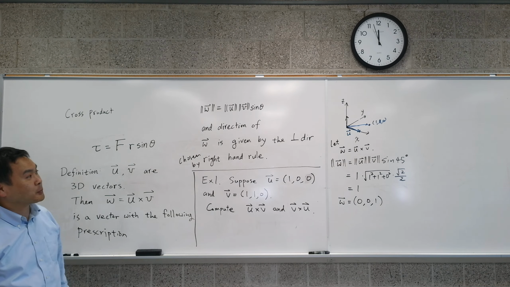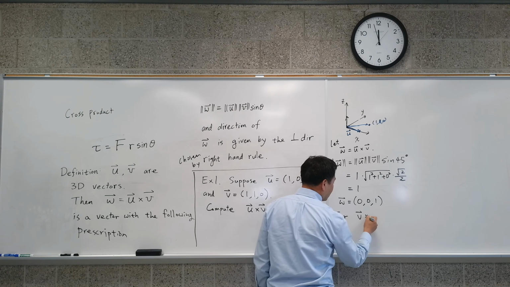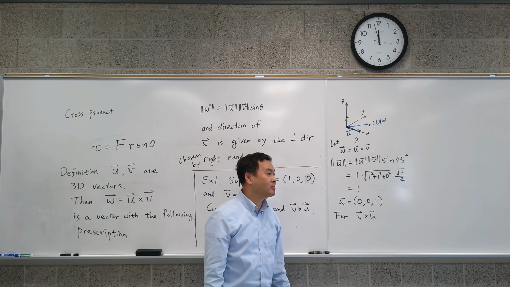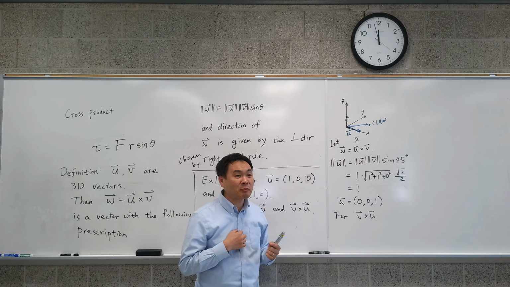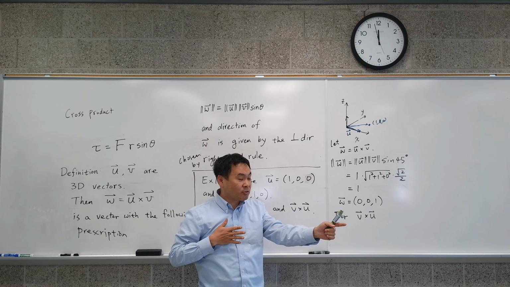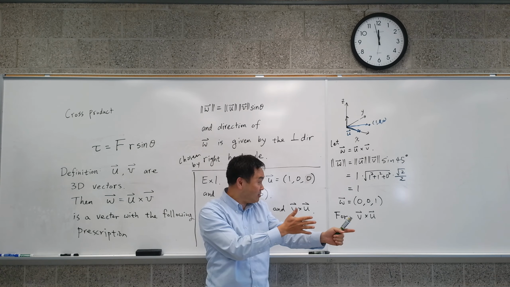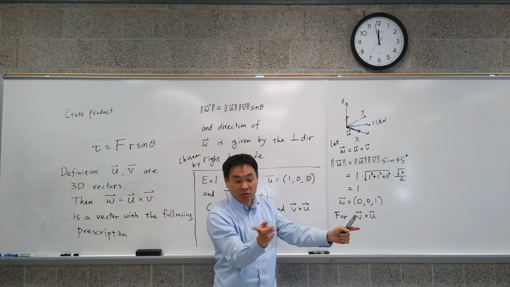What if you had v cross u? What would change if you did v cross u instead of u cross v? When you apply the right-hand rule, it's different. Remember, u is this direction and v is that direction. So this time, you first have to put your hand in the v direction, but then when you try to wrap your fingers towards the u direction, which is over here, you can't do this.